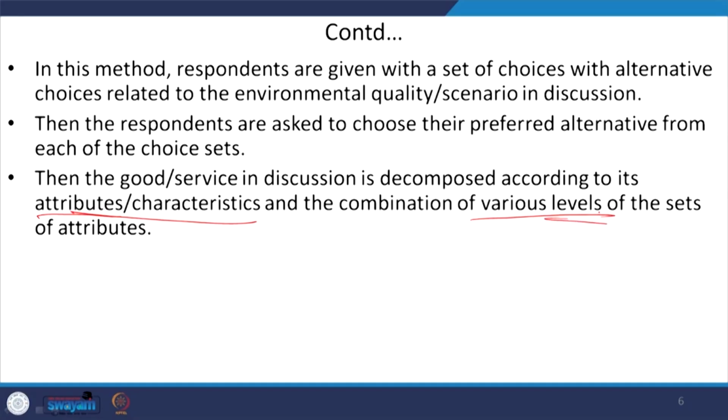So, the thing that we must understand is that we need to decompose the particular good or service which we are talking about under a particular policy. So, we need to decompose this particular good or service in question into two things. The first one is the attributes or characteristics. Then we need to talk about the various levels of attributes.